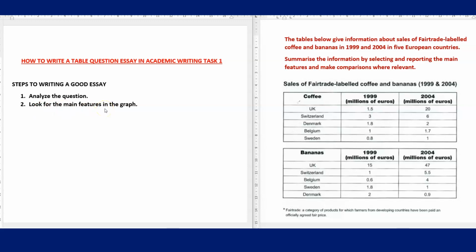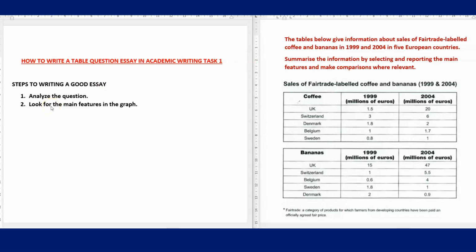Analyzing the question means that you are trying to get more information. You want to understand the question that you have been told to work on. So you are just looking at every part of the question in order to understand it.